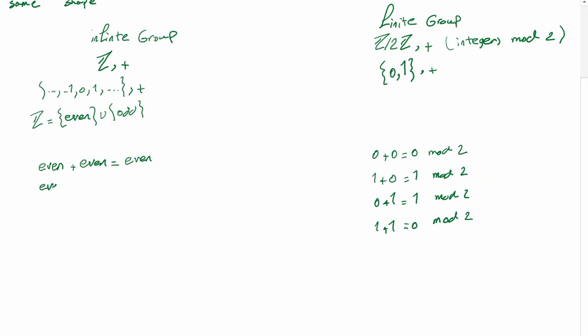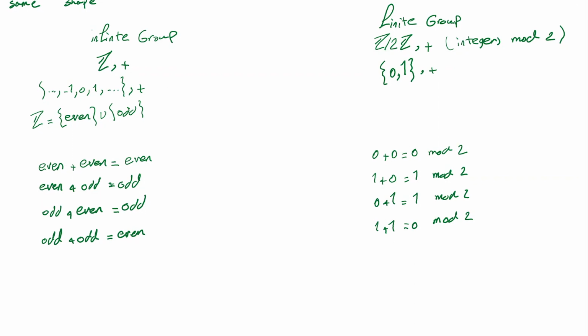If I take an even number and another odd number and add them together, the result would be odd, right? Or similarly, if I take an odd number first and add an even to it, again the result would be an odd number. And if I have an odd number and add another odd number to it, then the result would be even, right? Can you guys see the similarity now?